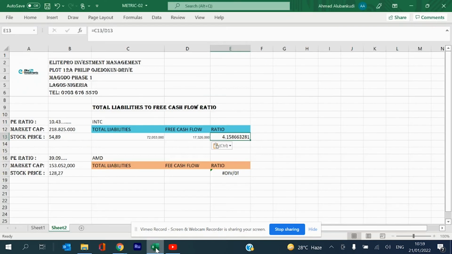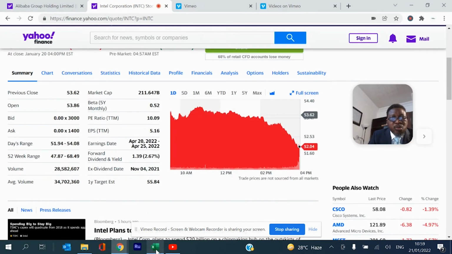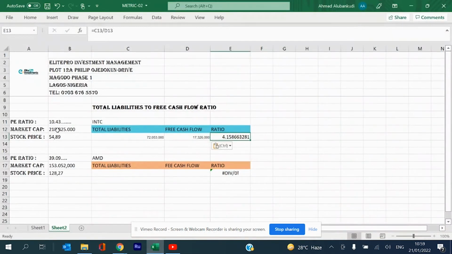So let me get that information again. 211,647. That's the market cap. The stock price is 52.04.